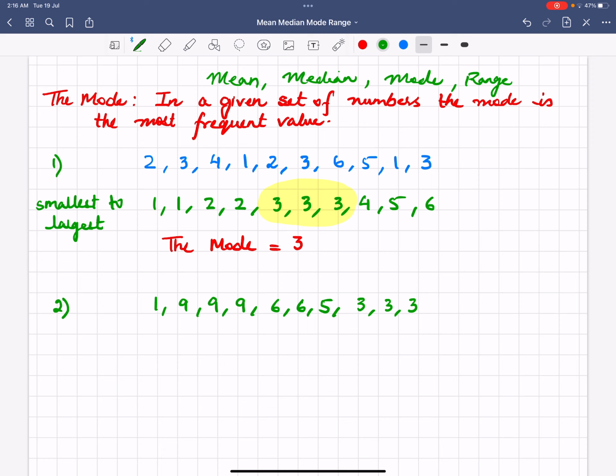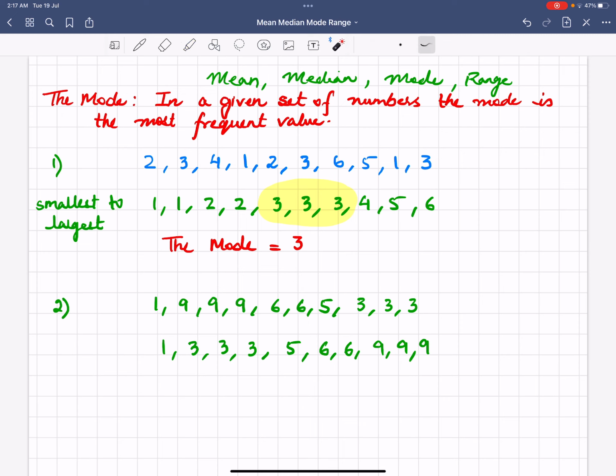It always helps us to see the data more clearly. So when we arrange the numbers in ascending order, we have 1, 3, 3, 3, 5, 6, 6, 9, 9, 9.